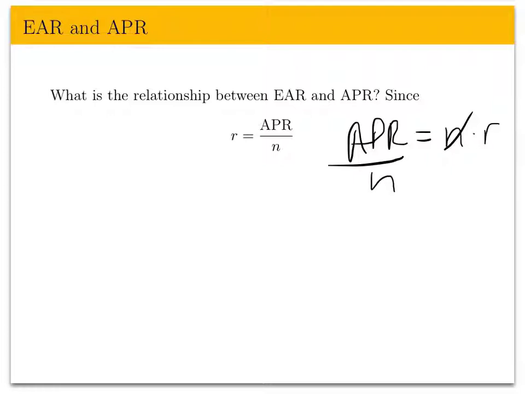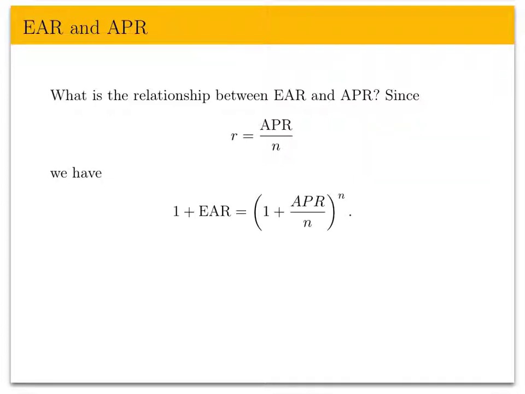What that means is that r is equal to APR over n. Well, in that case, because the EAR is equal to 1 plus the period interest rate raised to the nth power, minus 1, we can relate the EAR to the APR by substituting this equation for the period interest rate.